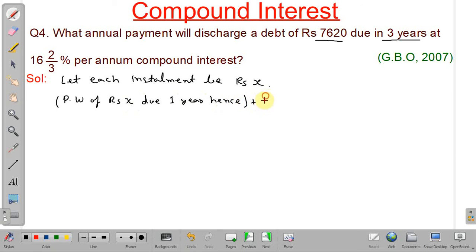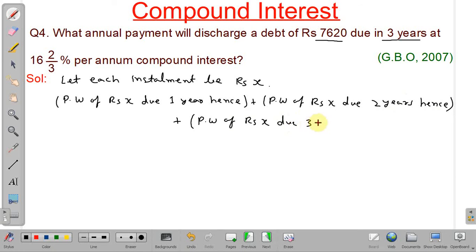Similarly, present worth of rupees X due 2 years hence, plus present worth of rupees X due 3 years hence, and the total must be equal to 7620. Okay, so the future payment will be X only.